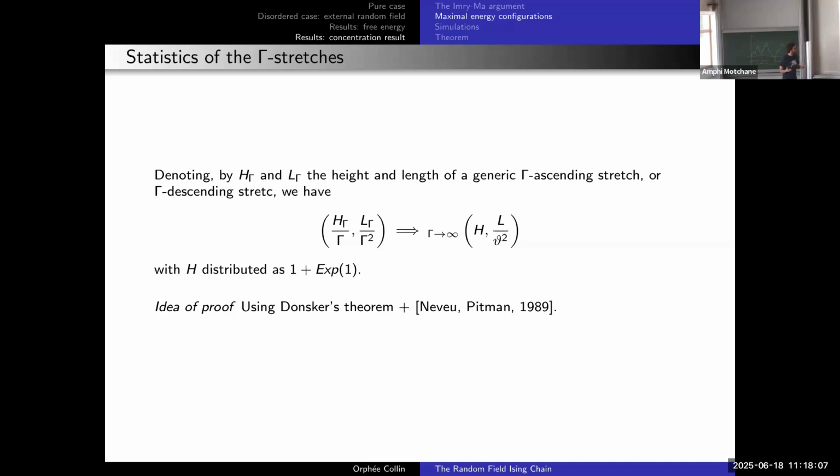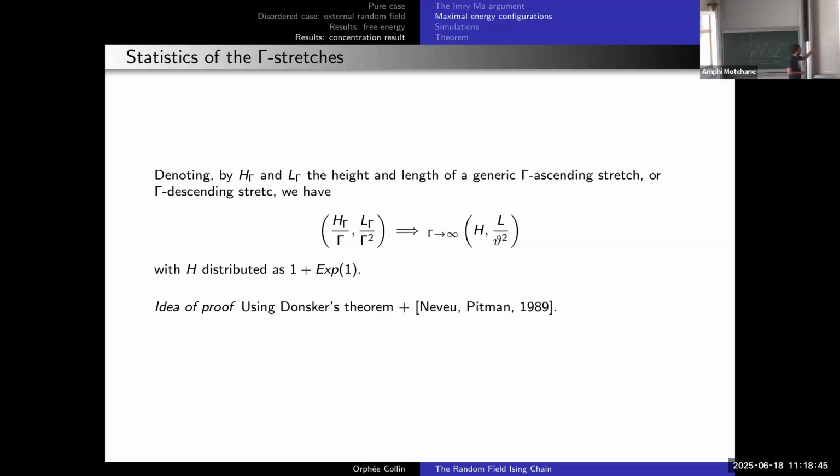Indeed, you can use Donsker's theorem. The random walk converges towards a centered Brownian motion, and for the Brownian motion, this process of gamma extrema has already been studied by Neveu and Pitman in '89, and they give the explicit distribution of the pair of the height and length of a generic stretch.